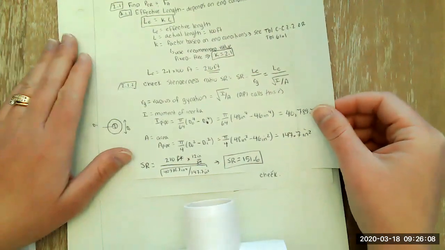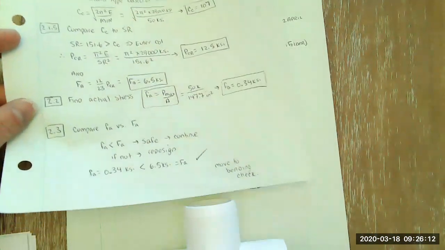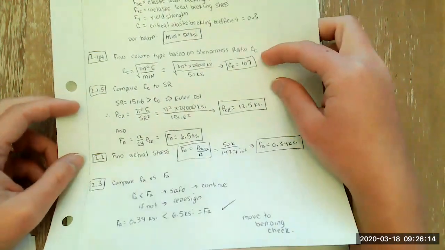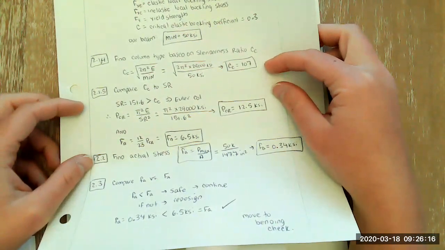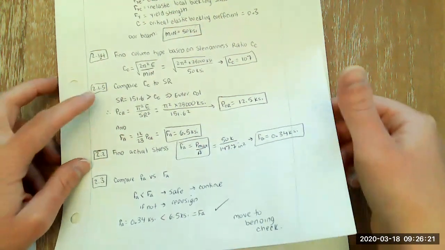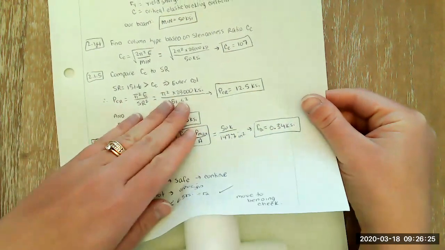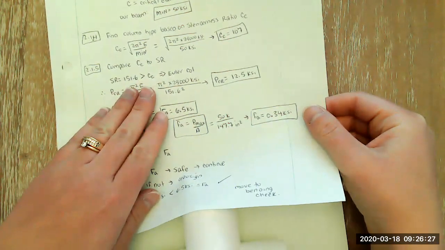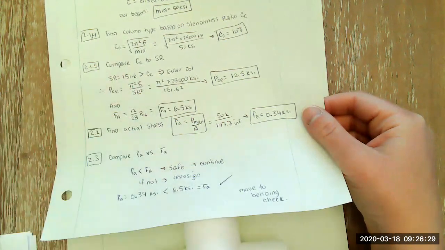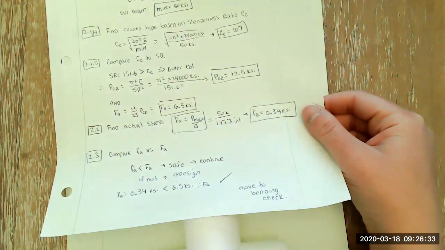We find the slenderness ratio. With some other parameters, we can check whether there will be local buckling. And then we can find C sub C and compare that to our slenderness ratio. Since our slenderness ratio, 151.6, is greater than C sub C, we have an Euler column, a long skinny column.